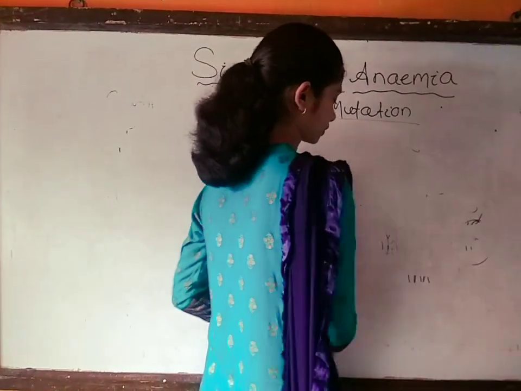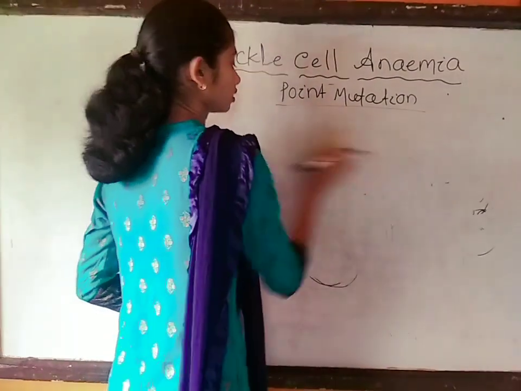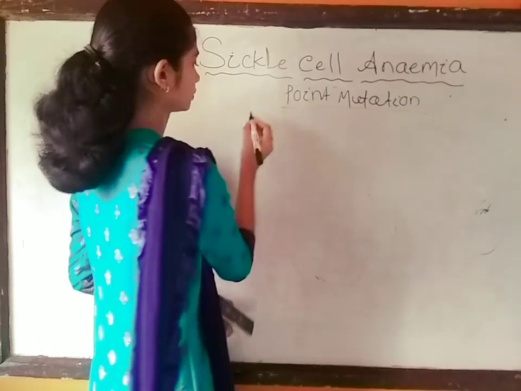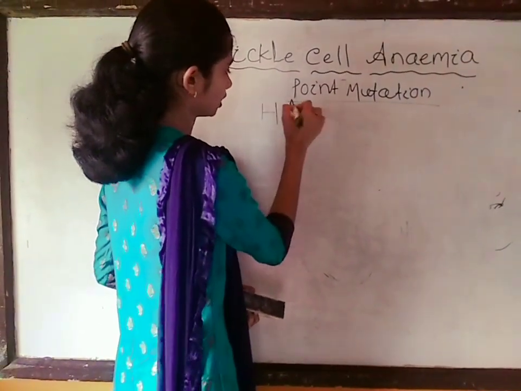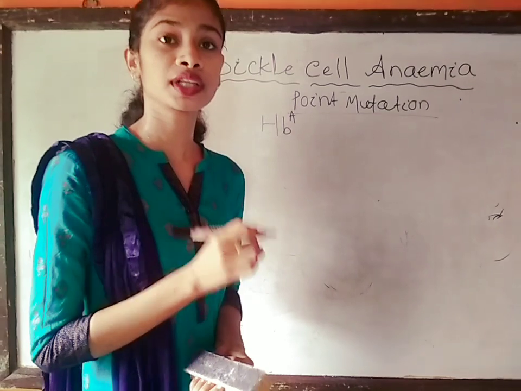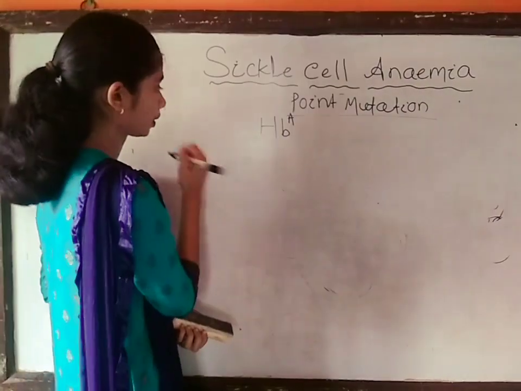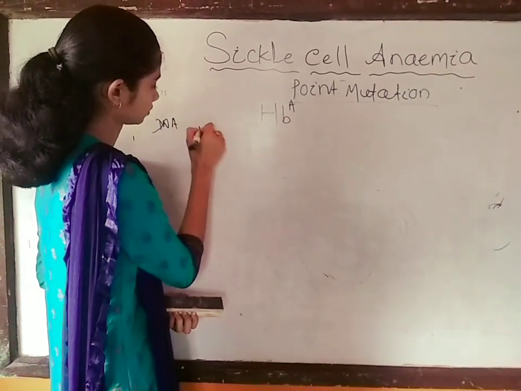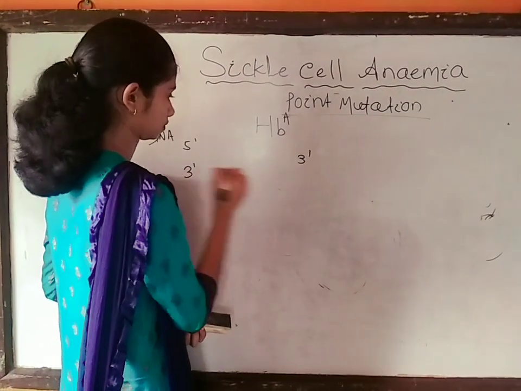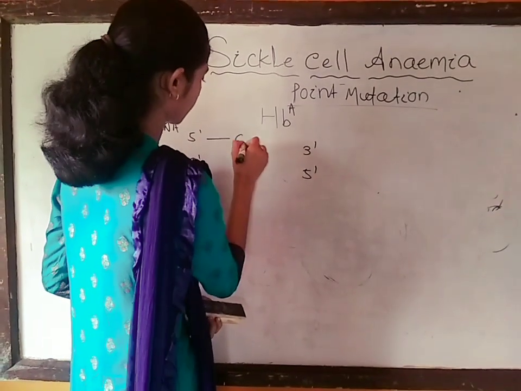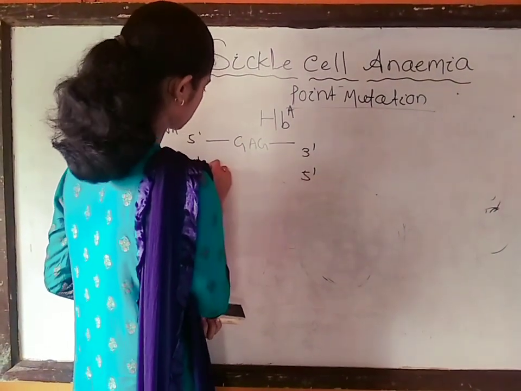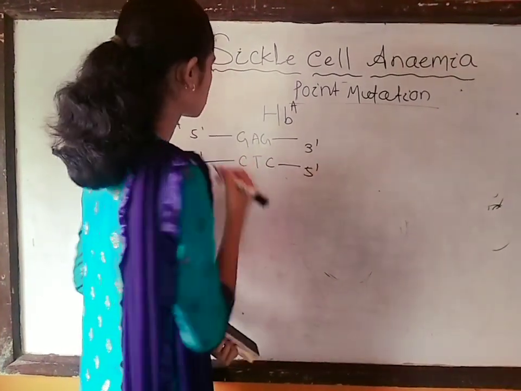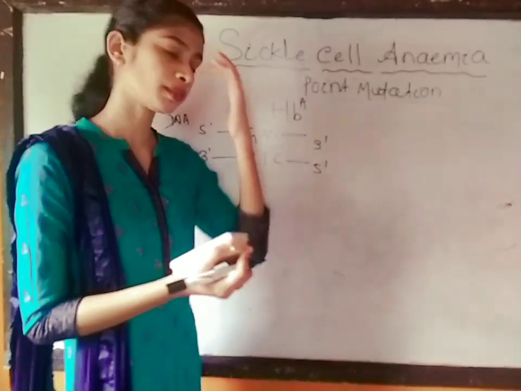So if we take the normal allele of the hemoglobin chain, this is the normal allele hemoglobin chain DNA sequence. This is the DNA strand of a normal allele of hemoglobin.